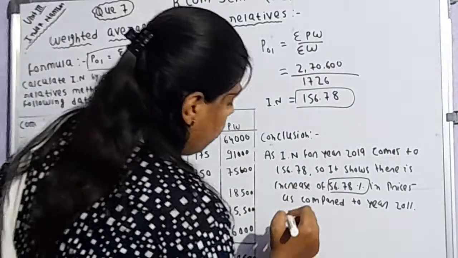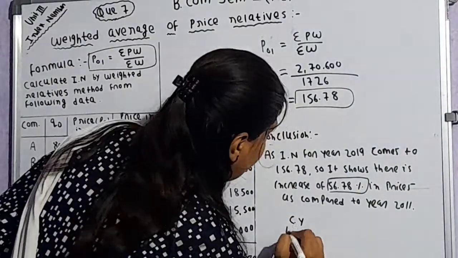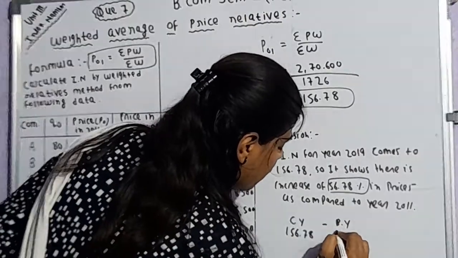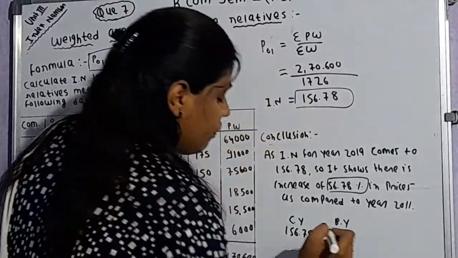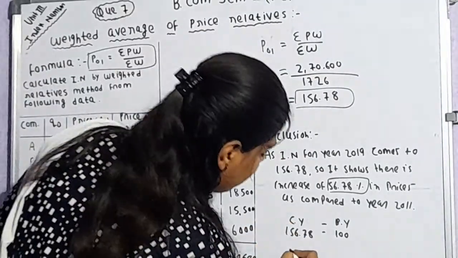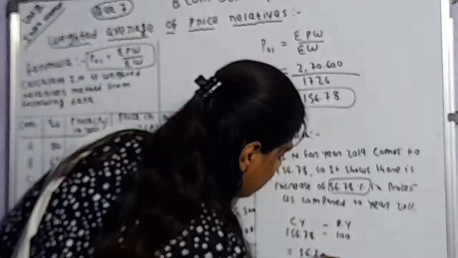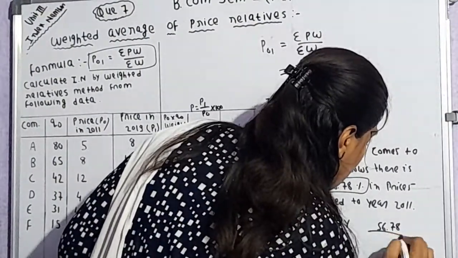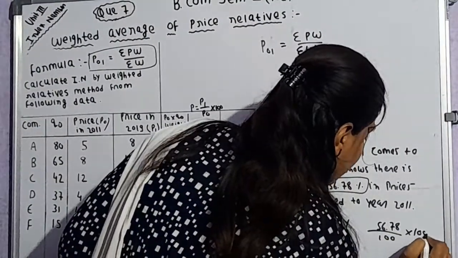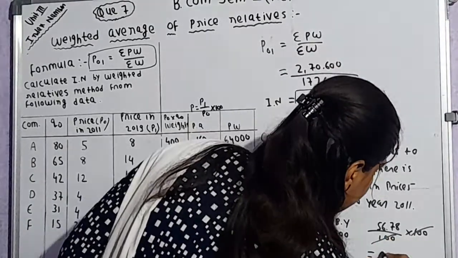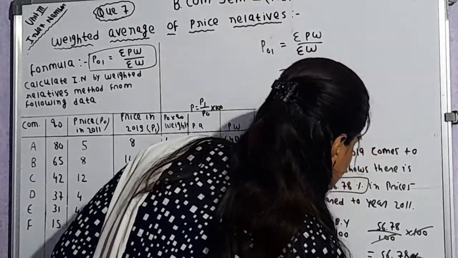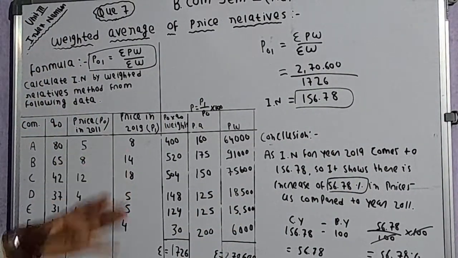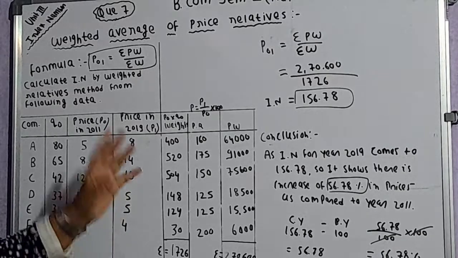So current year 156.78 minus base year 100 is 56.78. Then 56.78 upon 100 multiplied by 100, the 100 cancels and it remains 56.78%. So this way we have computed how much change there is in terms of percentage in the prices over 2 years.